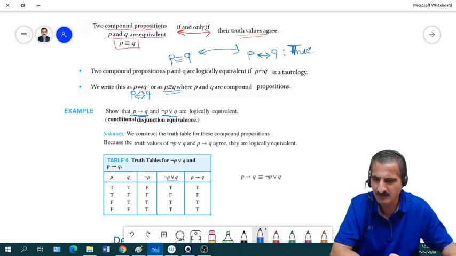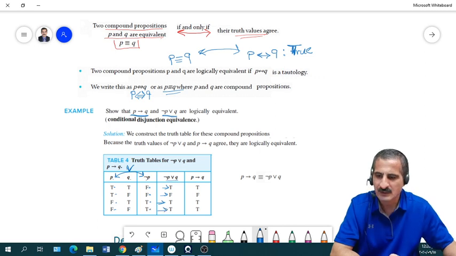We need to compute not P, so we have not P now. To compute not P or Q, we join them together with an or. So we say true or false? True. True or false? True. False or true? True. False or true? True.